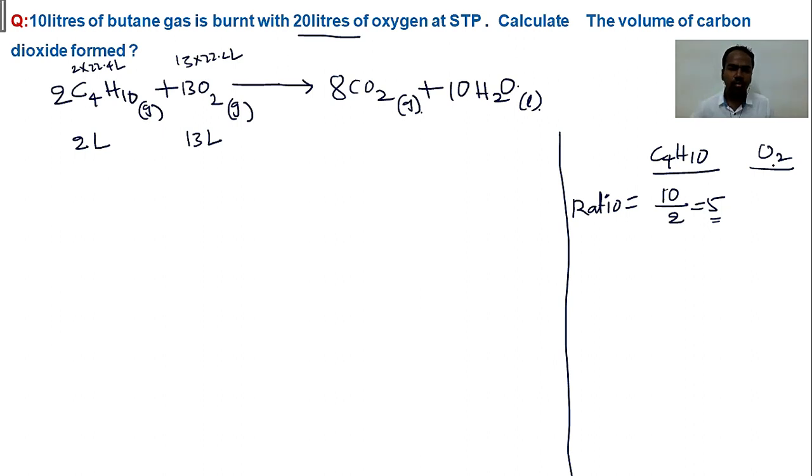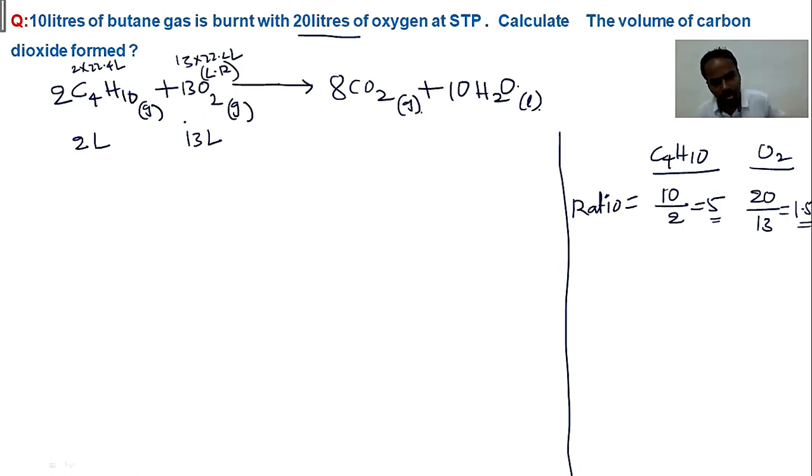The number of moles of O2 given, nothing but liters given, is 20, and the stoichiometric coefficient of O2 in the equation is 13. It is nearly equal to 1.5. So between these two reactants, O2 has the least ratio. That's why O2 is the limiting reagent.